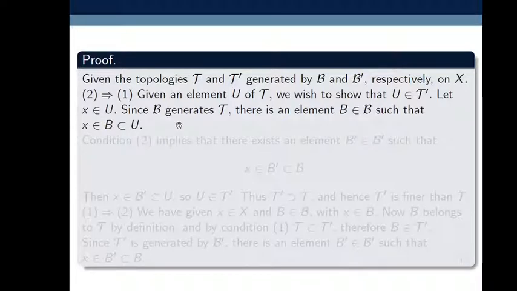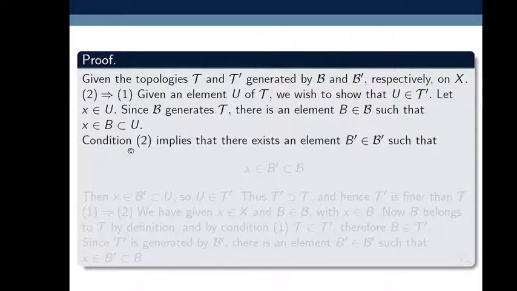Here we simply use the definition: whenever topology tau is generated by script b, then for any open set U of X, for every x belonging to U there is a basis element B such that B contains x and is contained in U. Every element of tau is open, so we choose an element x from open set U, and because script b generates tau, there is an element B belonging to script b such that x belongs to B, B is contained in U.